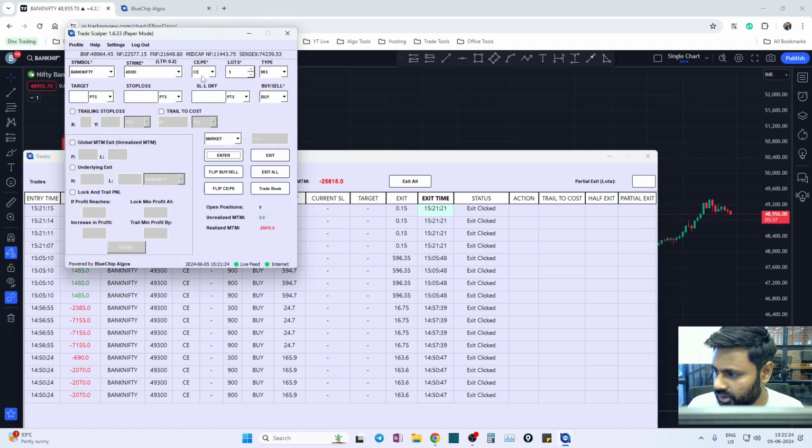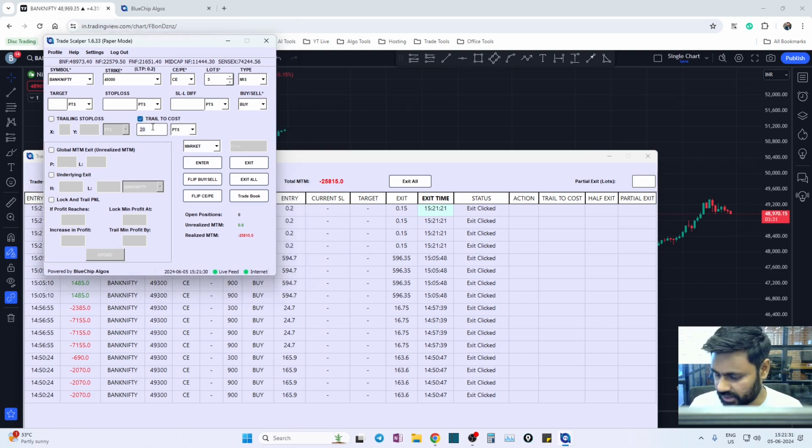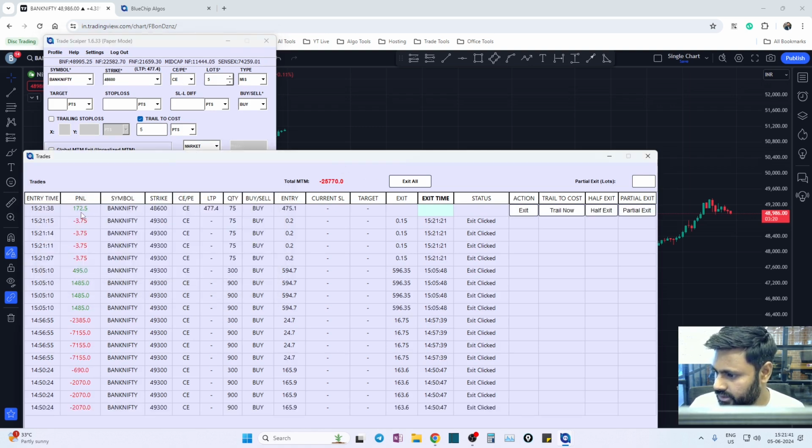Now what I'll do here is put trail to cost as 5 points and pick up some instrument which is at 473. That's the LTP. And you can see now the profit is 386 rupees, and the trailing has been done.